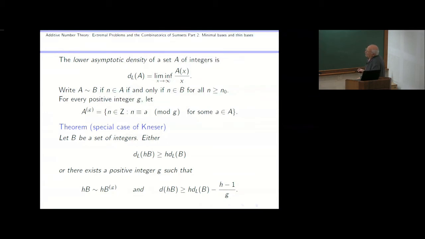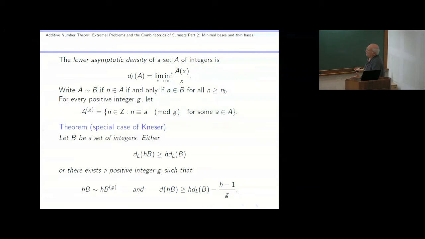g such that when you expand B by filling it out with the complete congruence classes mod g, the h-fold sumset of B and the h-fold sumset of these congruence classes coincide from some point on. You're only missing finitely many numbers. And of course, this is a union of congruence classes, so it has an asymptotic density r over g.